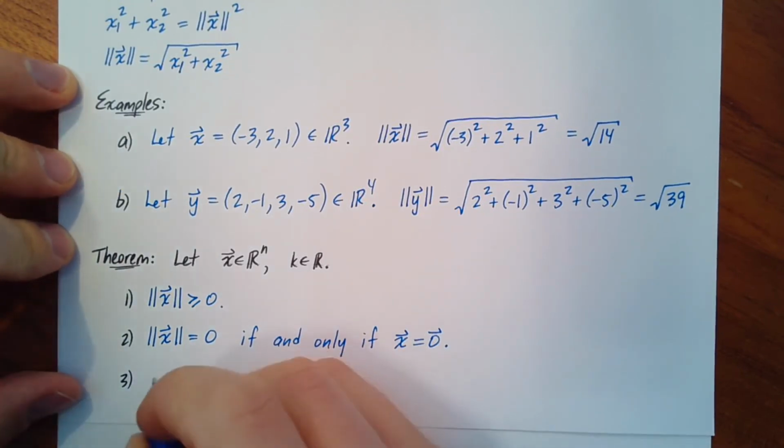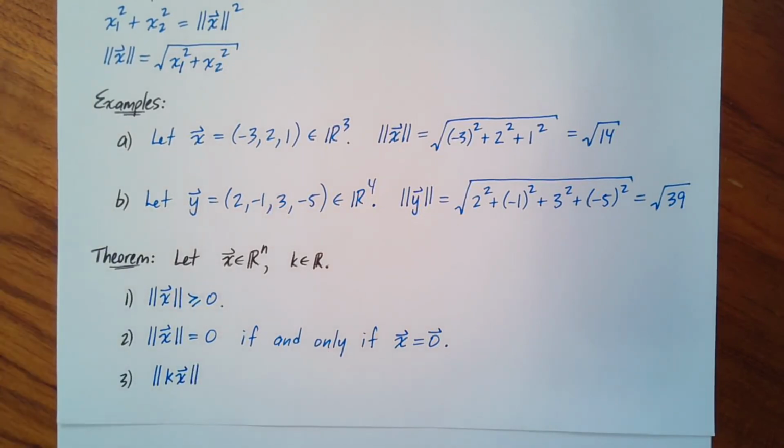So let's just say the following. If I want to take the norm of the scalar product k times x, right? So remember, k was a scalar. I can multiply it onto the vector x, and then I take the norm of the result, right? Because if I take a vector x and I multiply it by a scalar, the result is still a vector. So this makes sense to write down this notation.